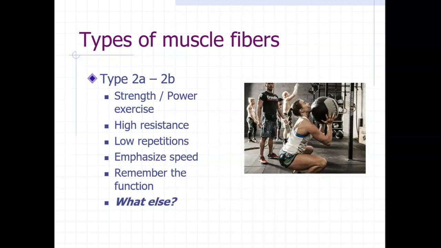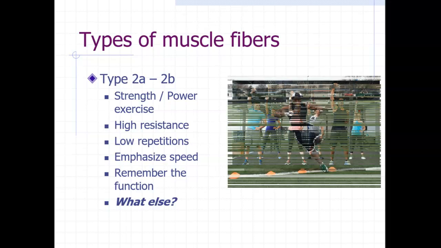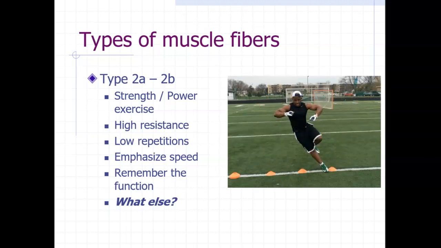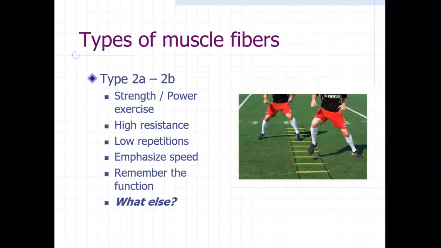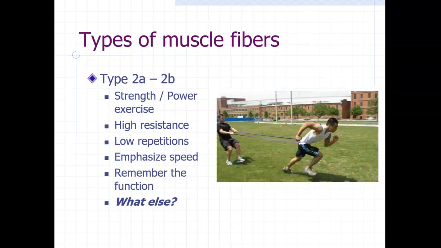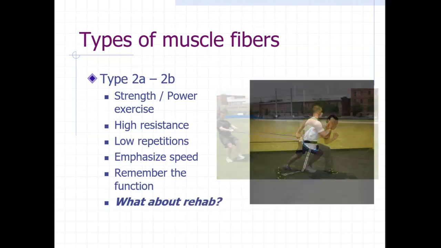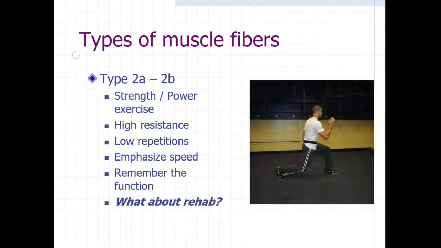I'll talk a little bit more about this in class, because I'm getting to my time limit. I gave you some examples of speed power activities that you'll see, and then we apply that to rehab. And that's the whole point of my discussion in our class: now we're going to match the function of the muscle with our rehabilitative activities.